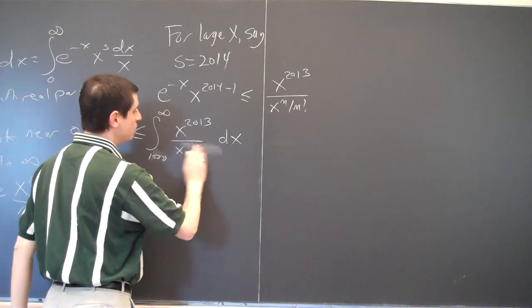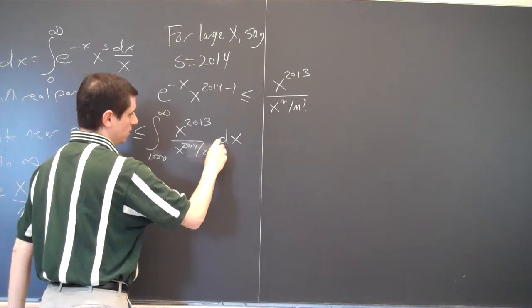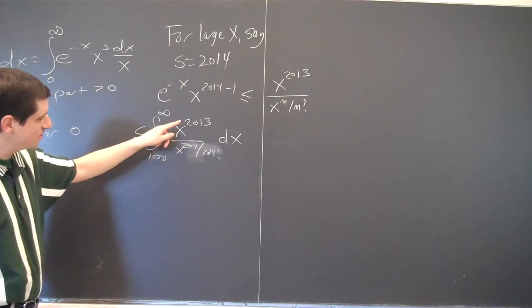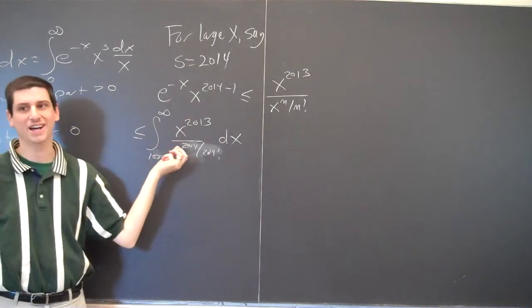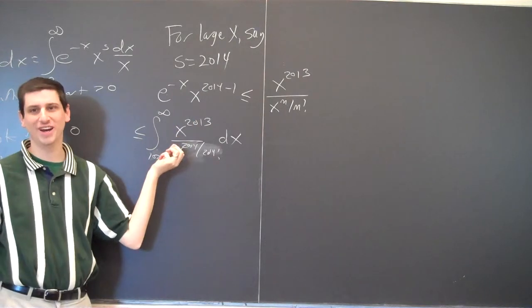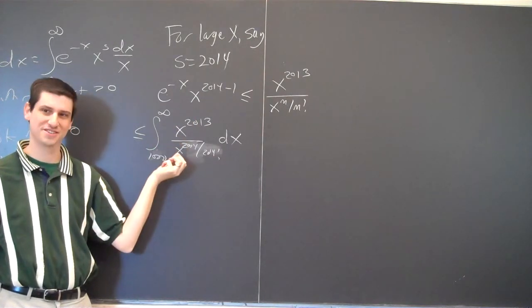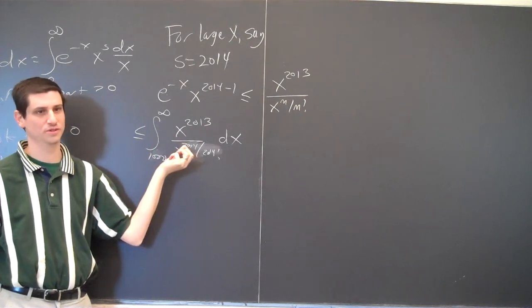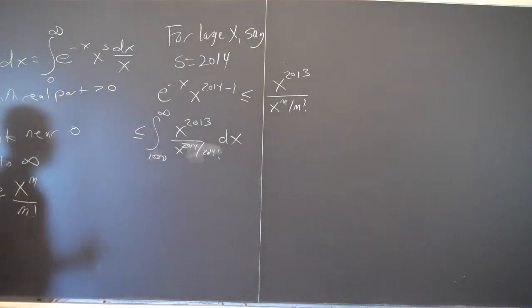So if I try 2014, I'm getting closer. What's x to the 2013 divided by x to the 2014? It's 1 over x. The integral of 1 over x is natural log of x. I just barely lose. So m equal to 2014 is just too small.